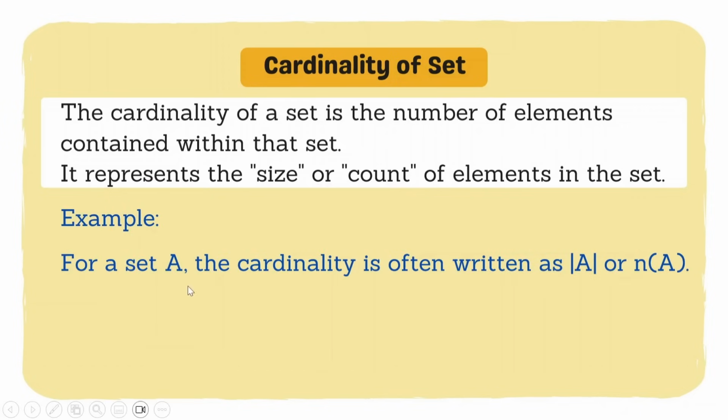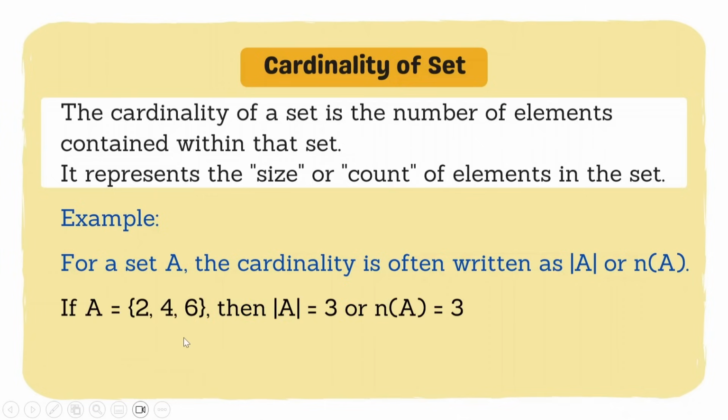Halimbawa, for a set A, the cardinality is often written as, ito po yung symbol or notation natin in writing the cardinality. Or you can also use this, N of A. Okay, ang basa po nito ay N of A or cardinality of A. Okay, this one is also cardinality of A. So if A is equal to the elements 2, 4, and 6, then the cardinality of A is equal to 3.